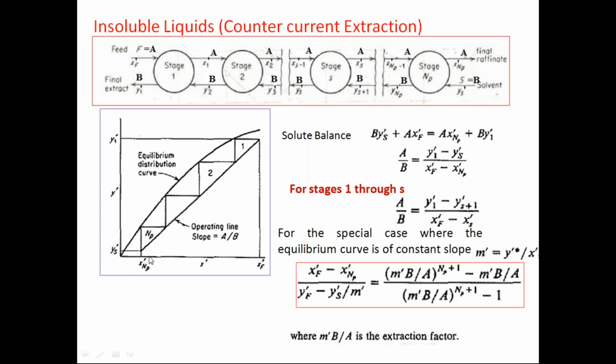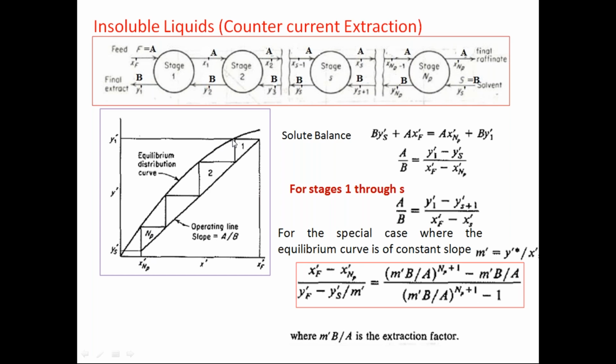For example, for this case, how do we find the minimum solvent as you have done in the previous case? You know this point, and this is a standard point because it is the feed point. If you go on adding solvent, only the y1 value will change. If you add less solvent, you will go away from this one, because A by B is lesser, so it may come like this. So this is the pinch point.